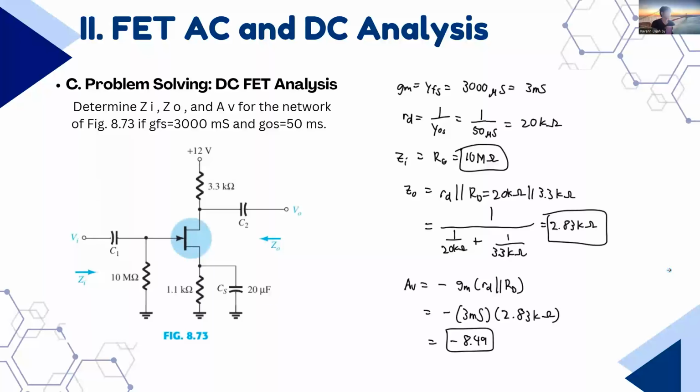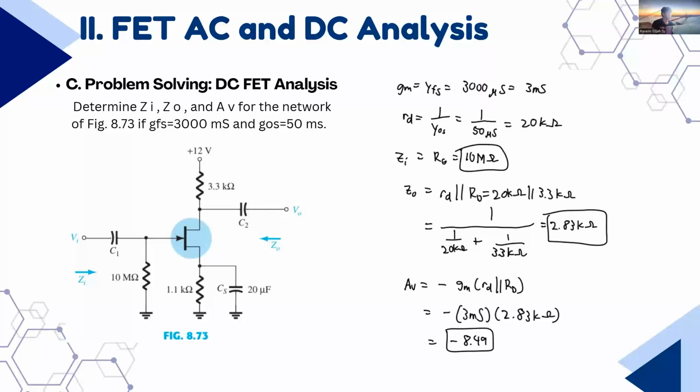So we will have to solve an AC, sorry, this is AC of FET analysis. Determine the ZI, ZO, and AV for the network of figure 8.3 if yfs is equal to 3000 microsiemens and yos equals 50 microsiemens.